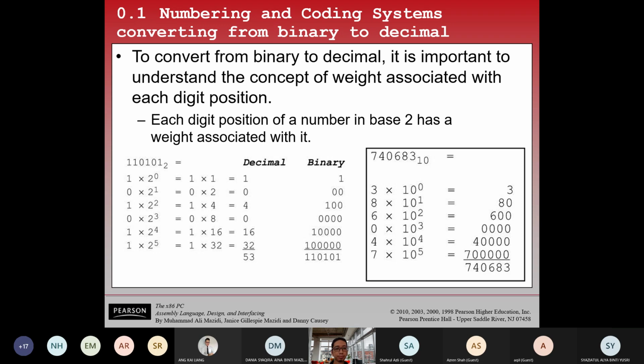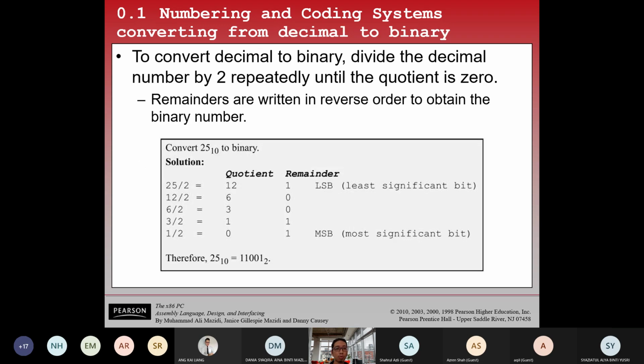So over here, if you convert back like this one, you can also get the 25. So this is 1 times 2 to 0, 1, then 0, 0, and then 2 to 3, which is 8, and then 2 to 4, it is 16.